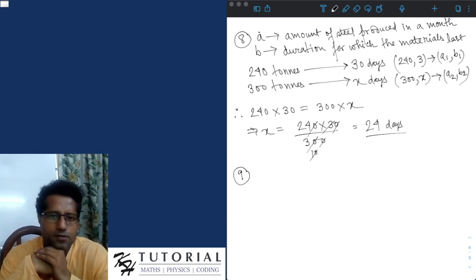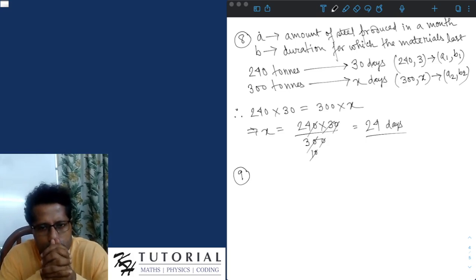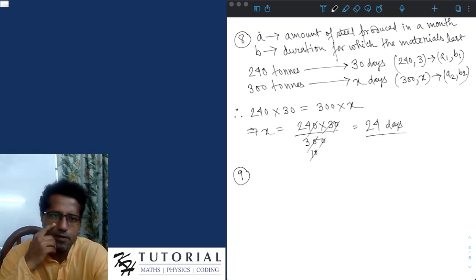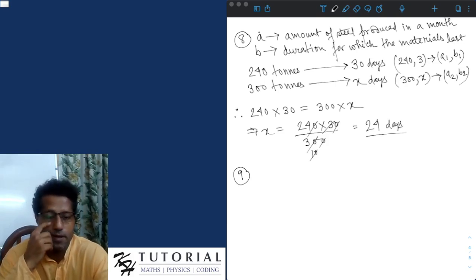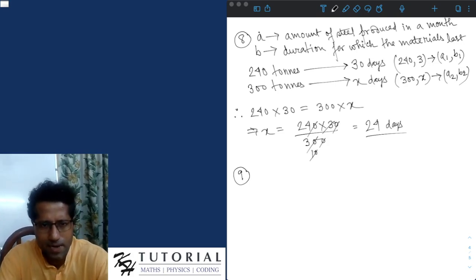In how many days will the remaining work be finished? A contractor employed 210 men to build a house in 60 days. Okay, so the quantity involved are basically the number of men engaged to build a house.